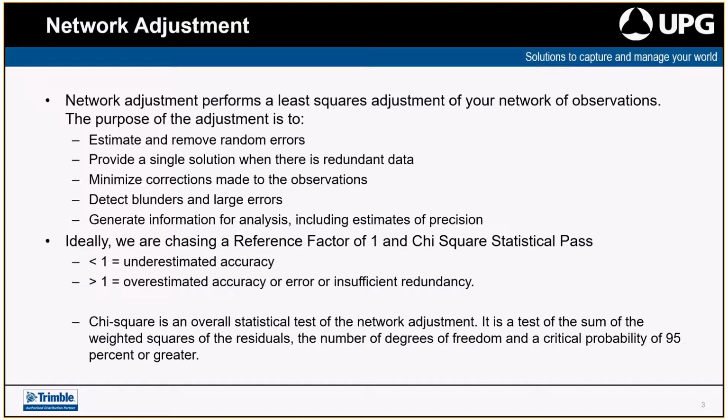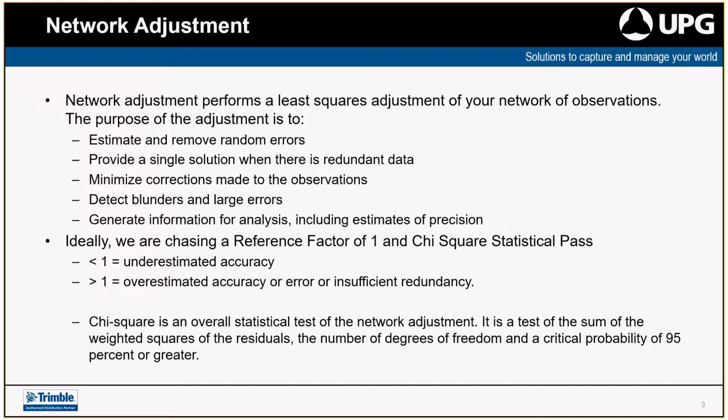At the same time, it could be that you've got an error in there, like the pole height was wrong, or you had the wrong prism constant, or again, there's not enough redundancy, and you might need to add some other observations in there to help bulk it out, to help it get across the line.